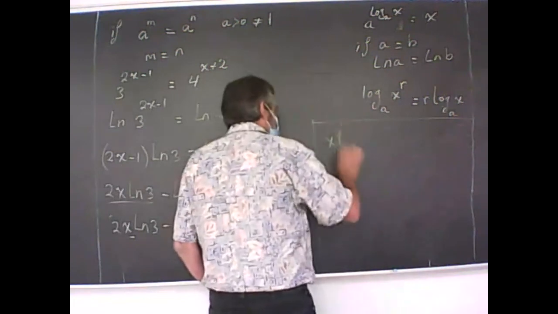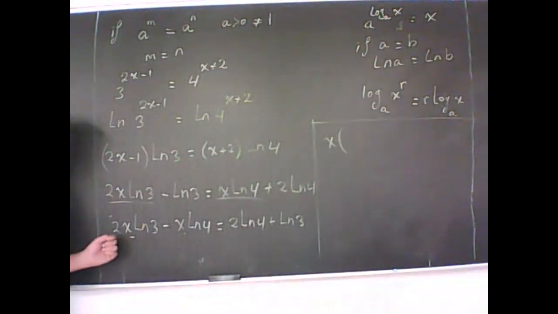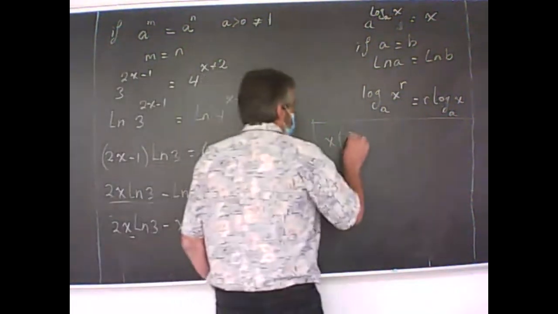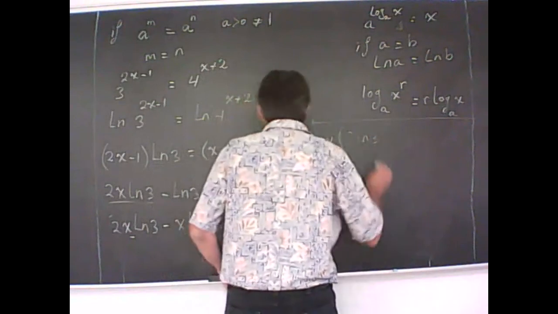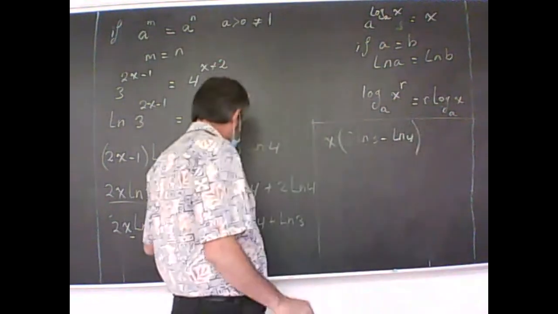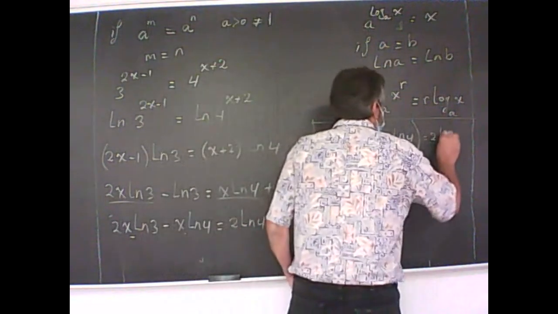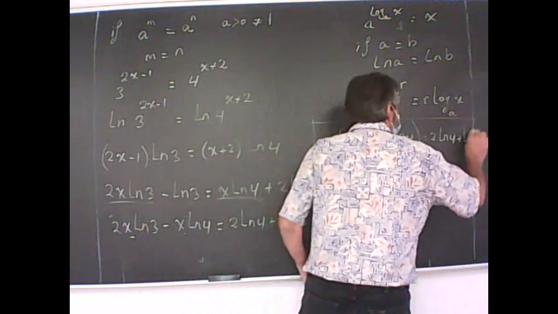So we get x times, what's left from here, 2 ln of 3, and on the second one, we have ln of 4, equals 2 ln of 4 plus ln of 3.